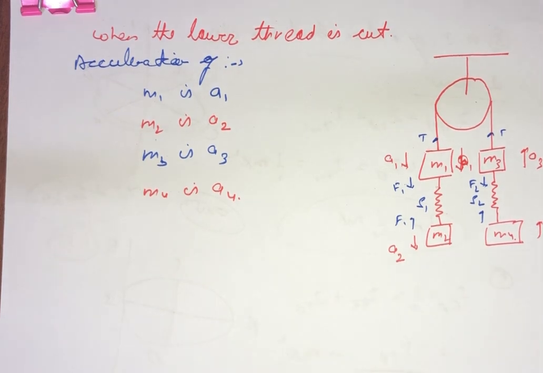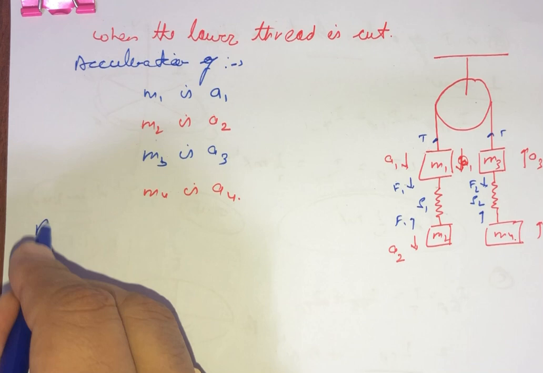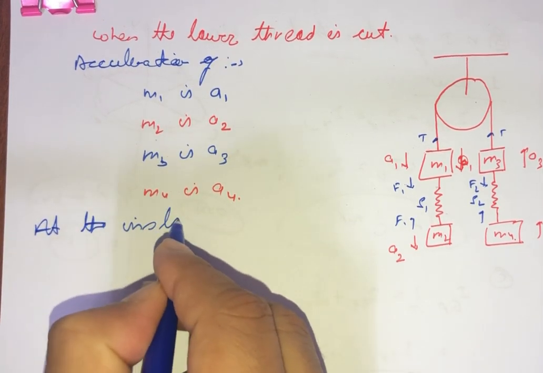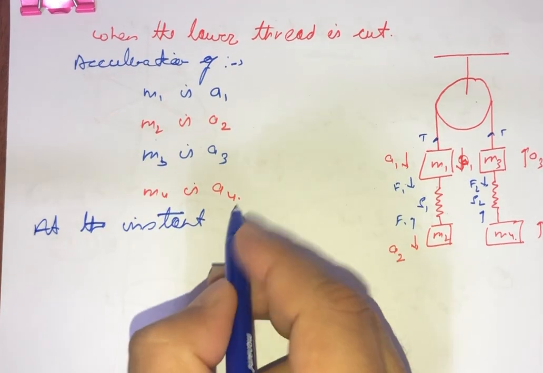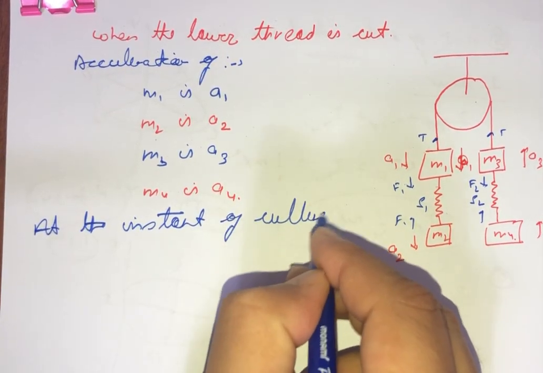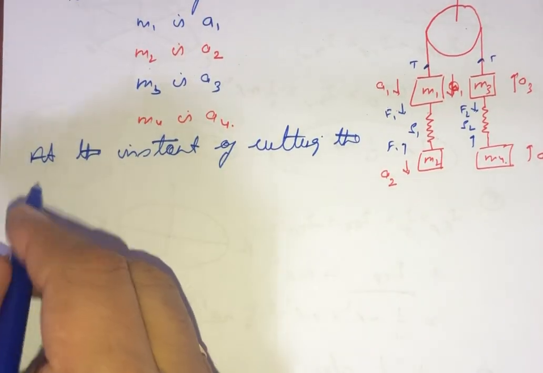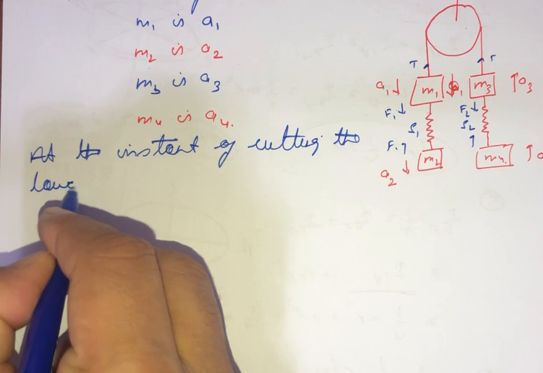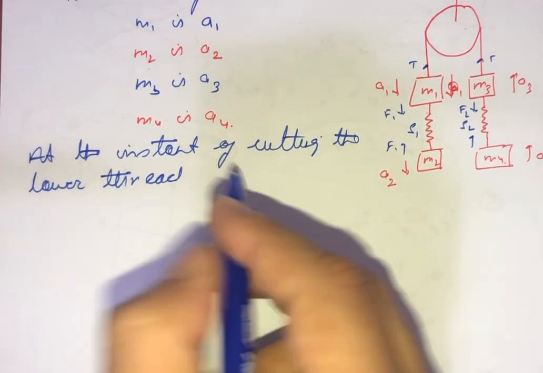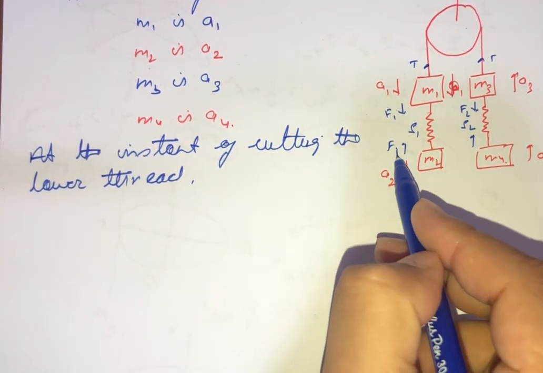We can say that at the instant of cutting the lower thread, the extension in the spring is going to remain the same.